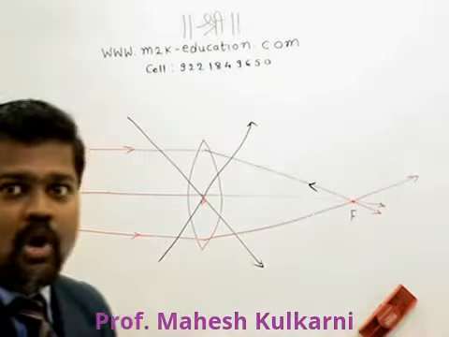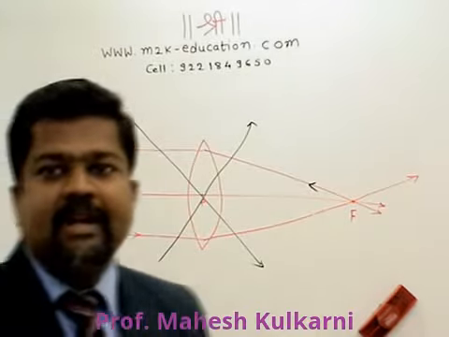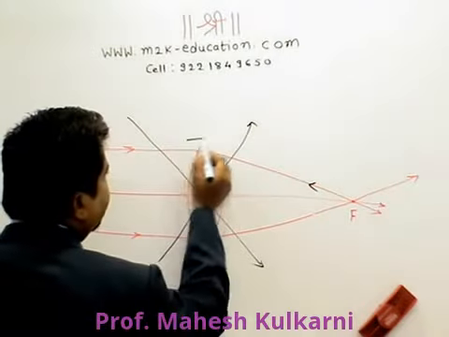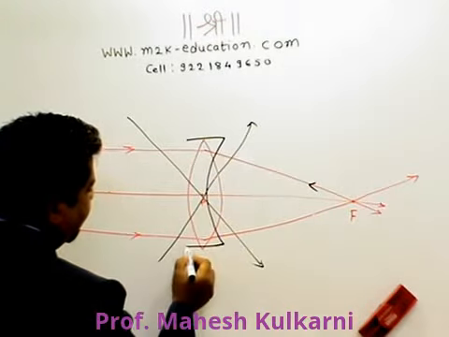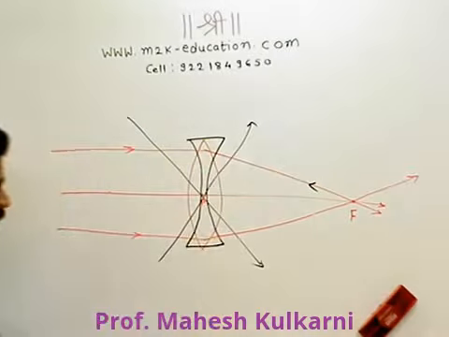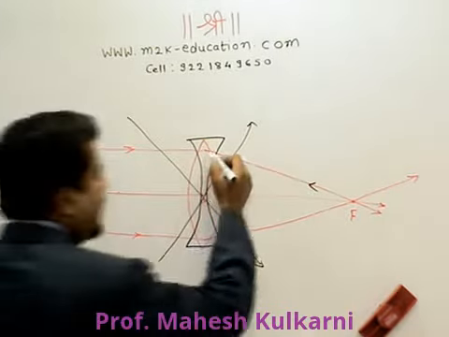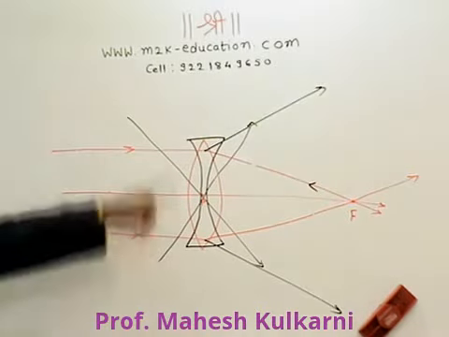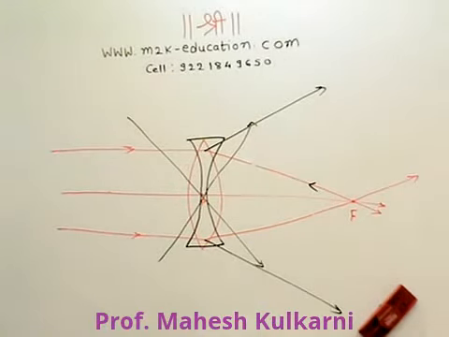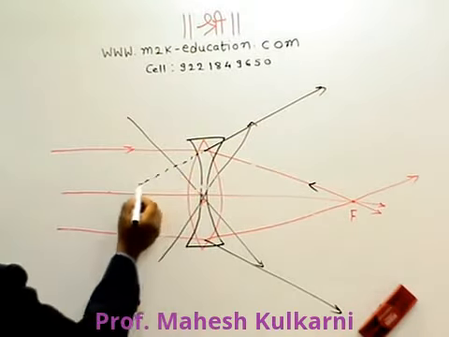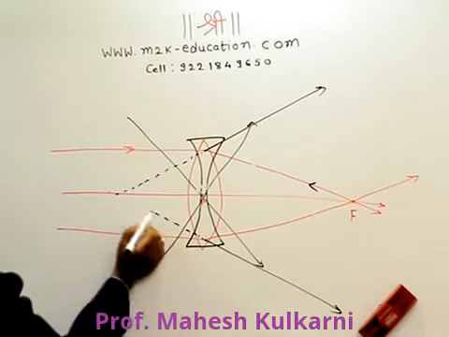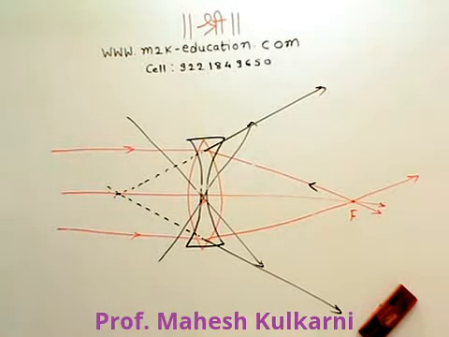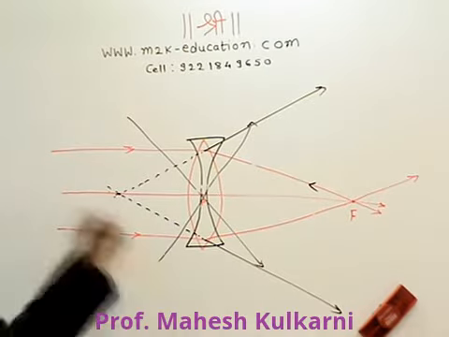These are basic laws of this double convex lens. Now in case of a concave lens, the structure is exactly reverse. In case of a convex lens, this light appears to be moved in this direction, and so we have to consider a point by joining these lines, and this point should be considered as the focus of the lens.